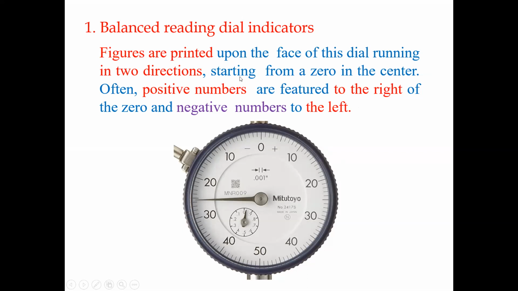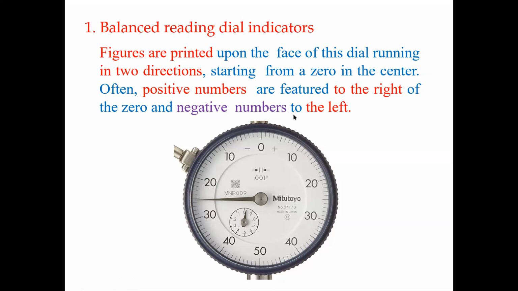So on both sides, figures are printed upon the face of this dial, running in two directions, starting from a 0 in the center. Here, 0 in the center, then the positive direction and the negative direction. Positive numbers are featured on the right half, and negative numbers are marked on the left part.